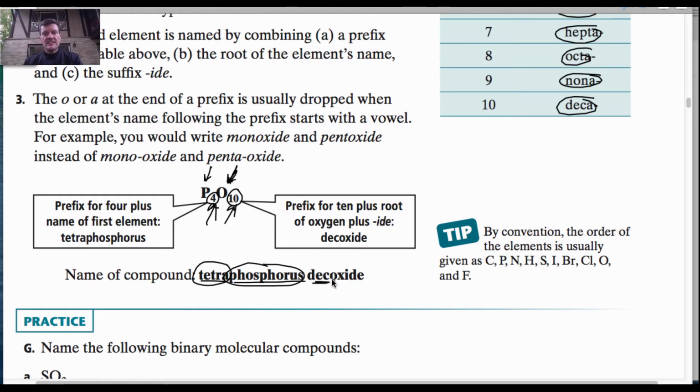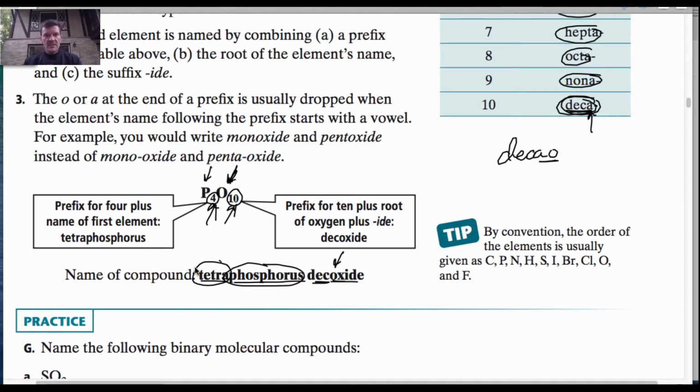So this is decoxide. Now I know the prefix is deca, but you're never going to see 2 vowels next to each other. If the prefix ends in a vowel and your element starts with a vowel, you're going to drop the vowel of the prefix. So it's decoxide.